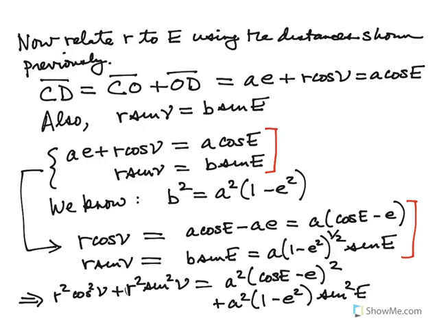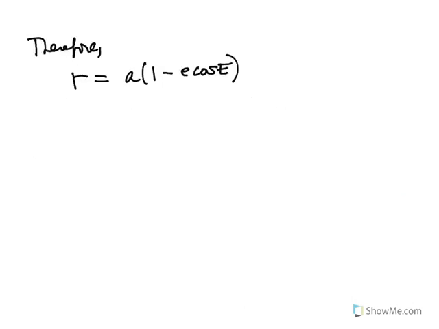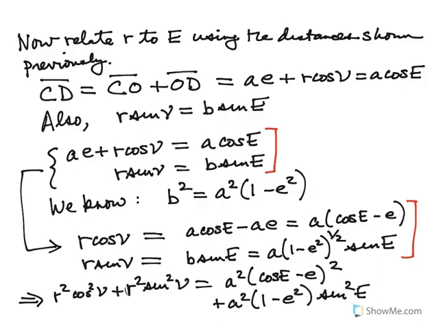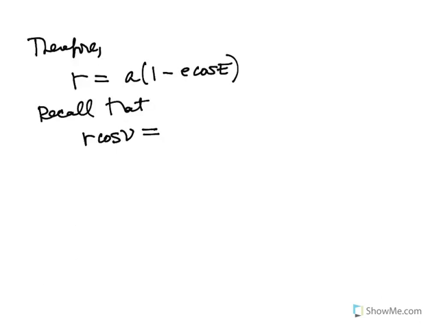So the first of these is going to use the cosine of nu. So recall that r times the cosine of nu is equal to, well, what do we get? We got a times cosine of E minus e. But we have an expression for r now, right?